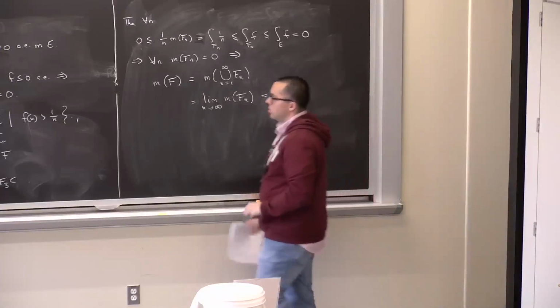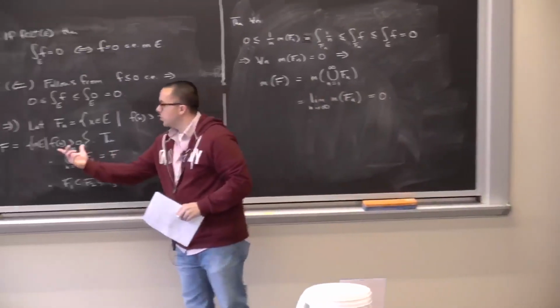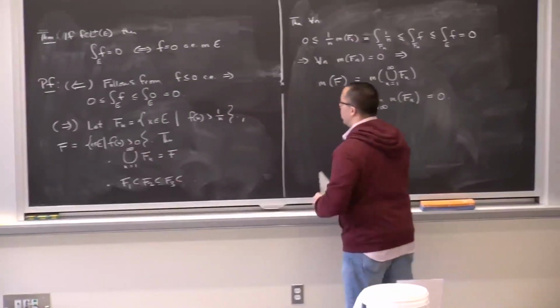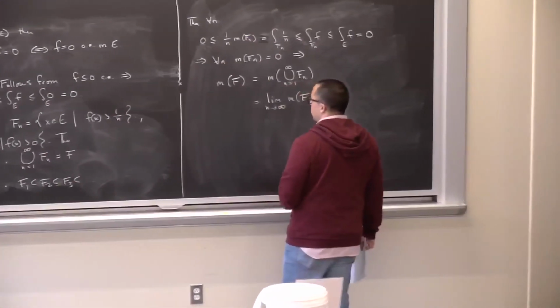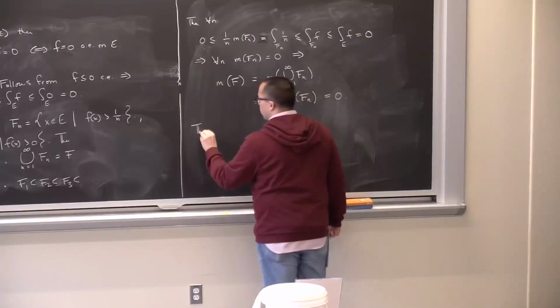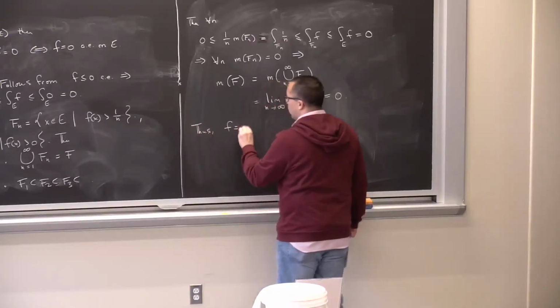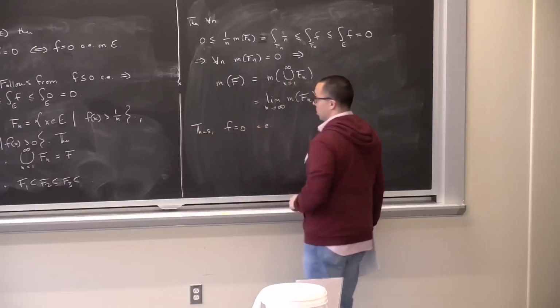Okay? And therefore, the set of all x's where f of x is positive has Lebesgue measure 0, and f equals 0 almost everywhere.